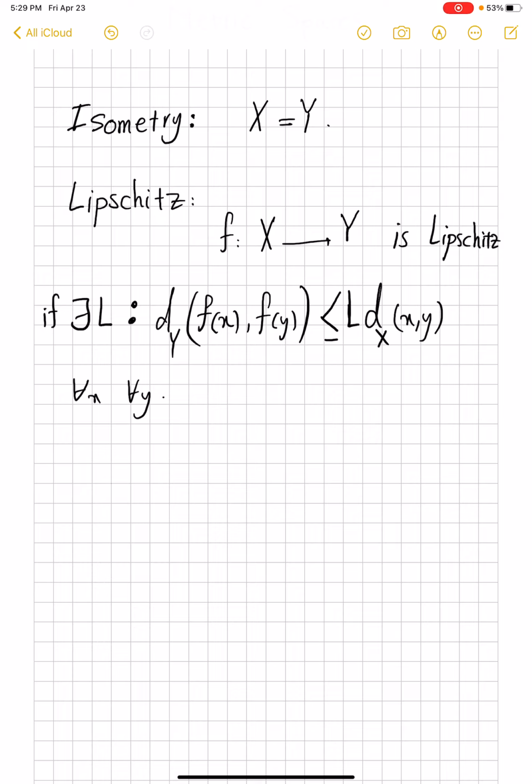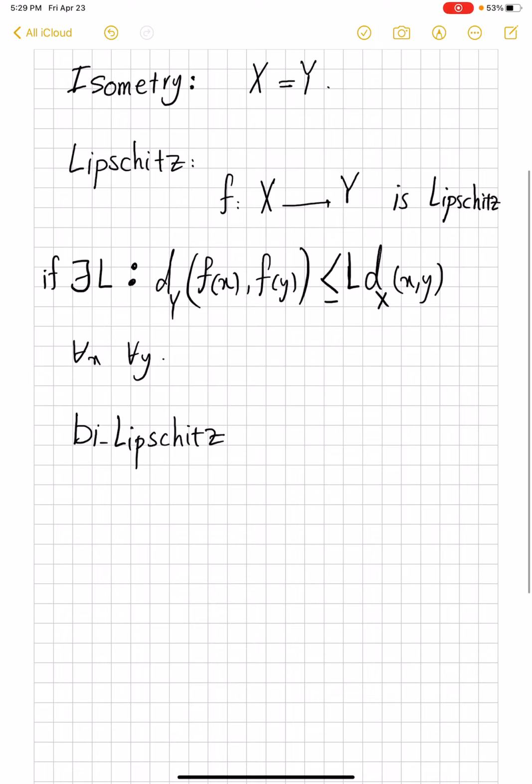But actually between them there is the stronger notion of bi-Lipschitz. If you look at the definition of the Lipschitz map, a constant map will actually be a Lipschitz map because it crushes all the points to one point and crushes all the distances to zero. And that may not be desirable in many situations because it takes away all the geometry.